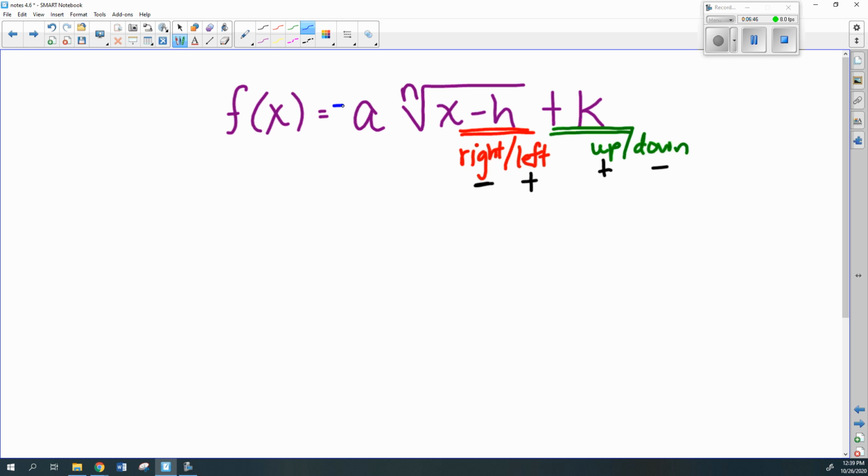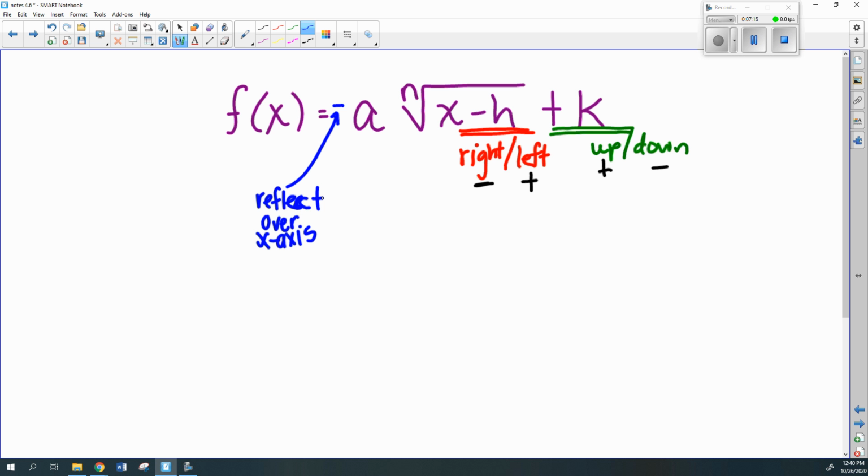Hopefully you remember that if there is a negative, that means that you are going to reflect the graph over the x-axis. There's not always a reflection because there's not always a negative, but if there is a negative, the graph will reflect over the x-axis.